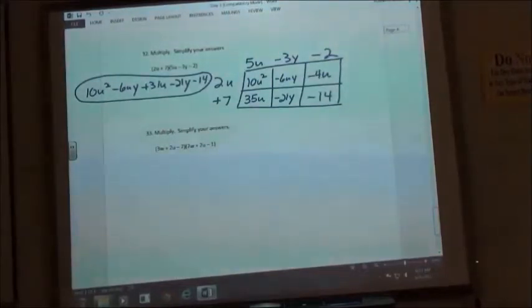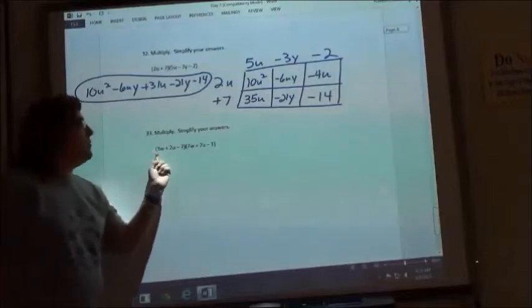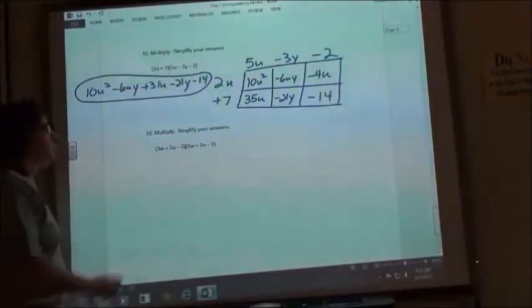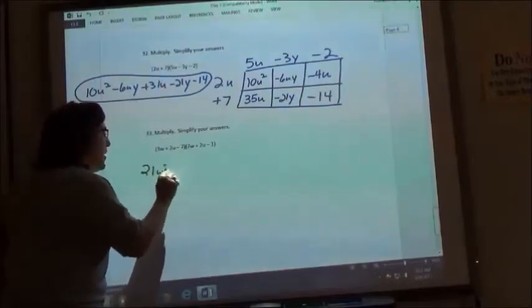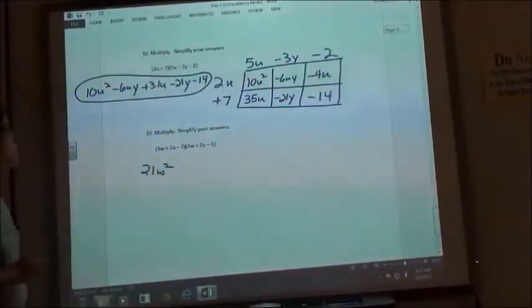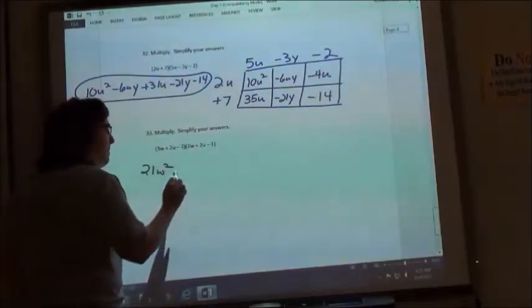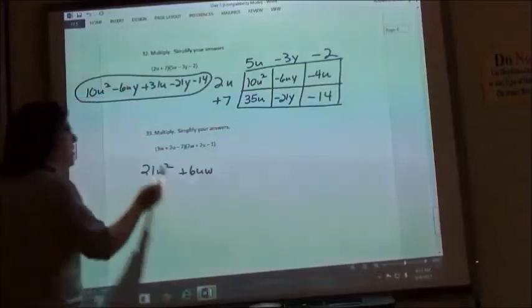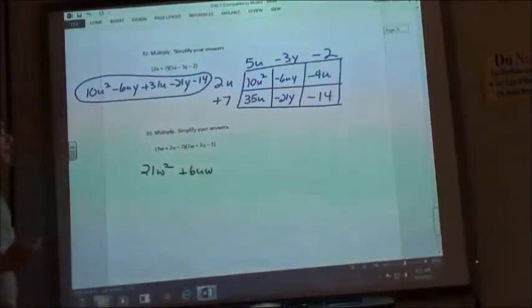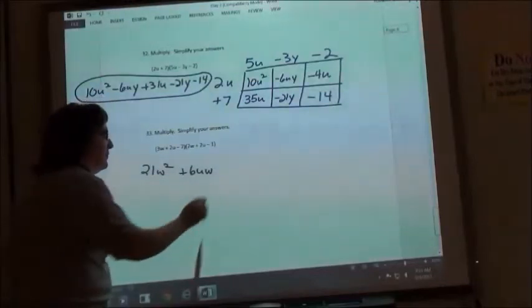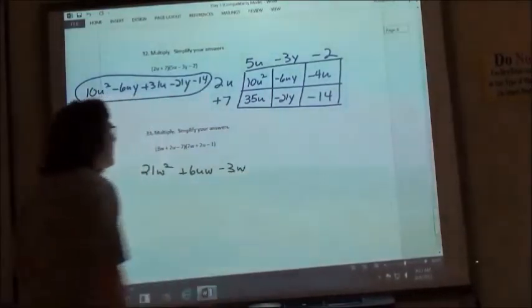So number 33, if we're going to multiply that one out. 3w times 7w, 21w squared. 3w times 2u, positive 6uw. 3w times negative 1, negative 3w.